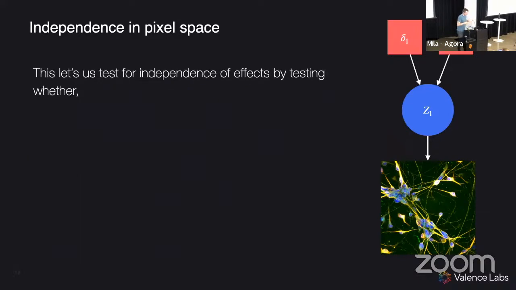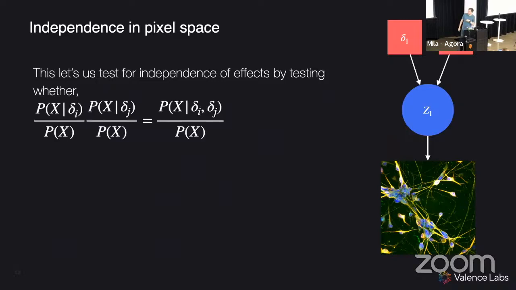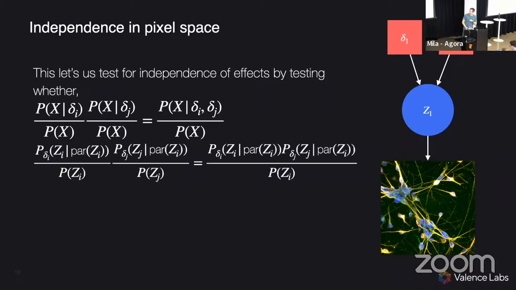Why is this useful? Well, it lets us test for independence of effects by testing whether the product of these density ratios equals the density ratio of the double perturbation. So exactly analogous to what we had seen with the Bernoullis, we can now do this in terms of density ratios. And so we can see this over here.